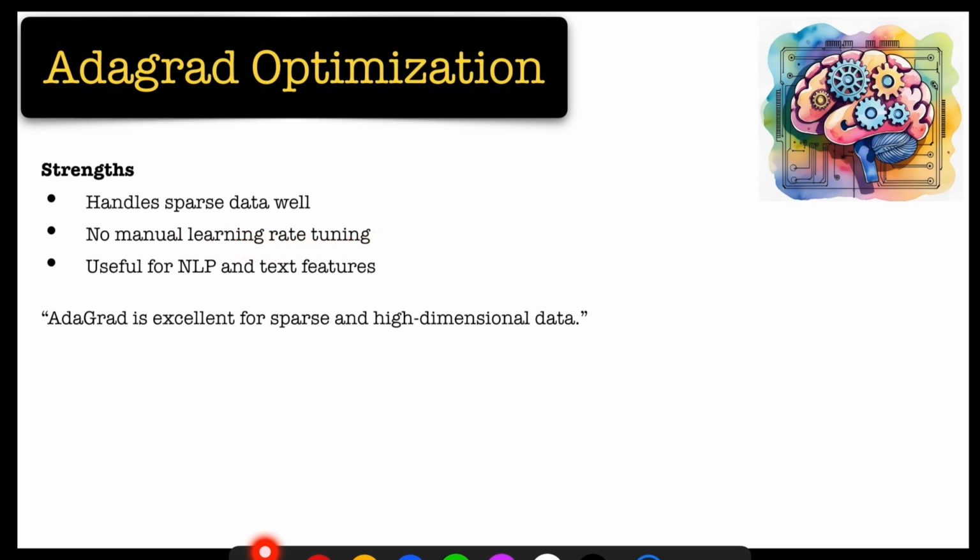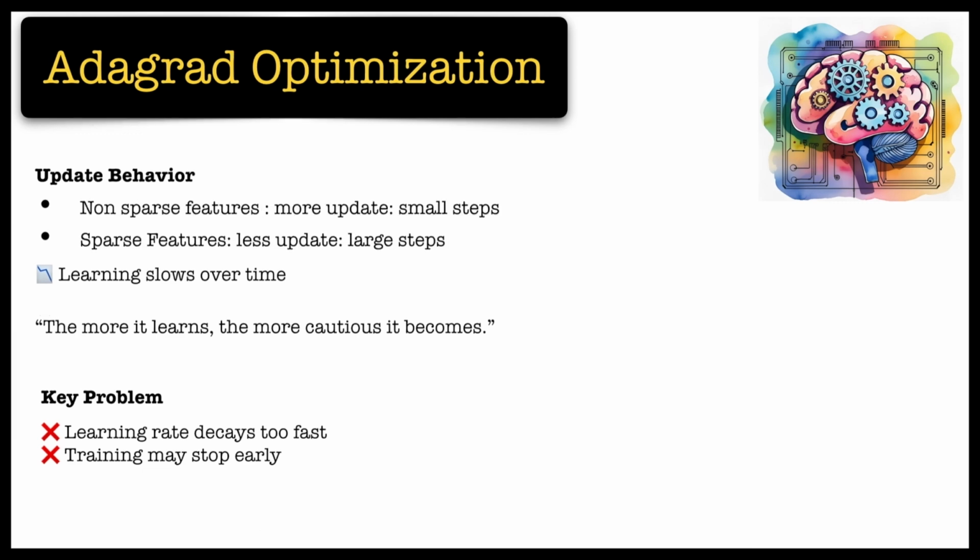Automatically we will have multiple learning rates for multiple features, and it is useful for NLP and text features. AdaGrad is excellent for sparse and high dimensional data. Non-sparse features will have more updates, so we'll take small steps. Sparse features will have fewer updates, so we'll take larger steps. So learning slows over time, of course. The more it learns, the more cautious it becomes.